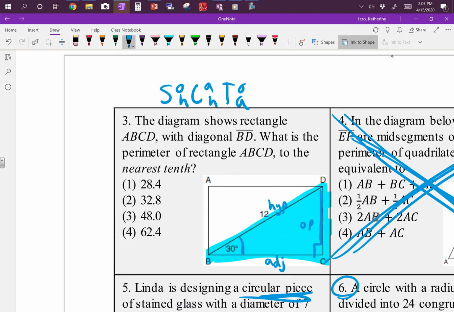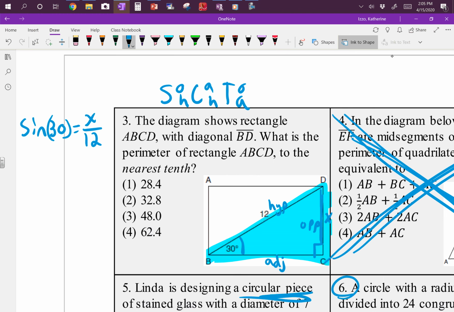So this one's going to be opposite. First thing I want to do is find x. I want to find this opposite side right here. So we are going to do sine of 30 is equal to opposite, which is my x, over hypotenuse, which is 12.